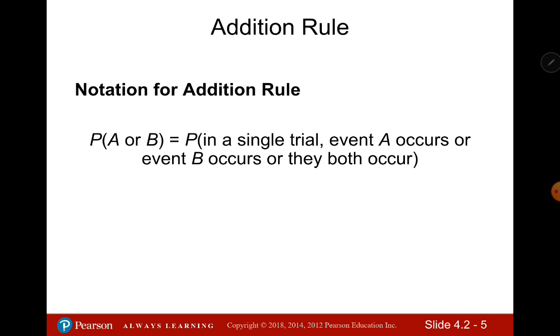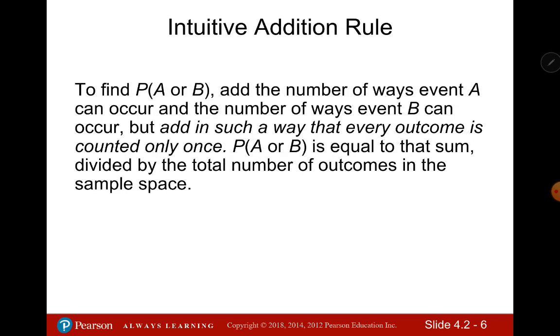So let's check the addition rule, A or B, which means in a single trial, A happens or B happens, or they both happen. That's the definition. Then we say P(A or B) is equal to the sum divided by the total number of outcomes in the sample space.